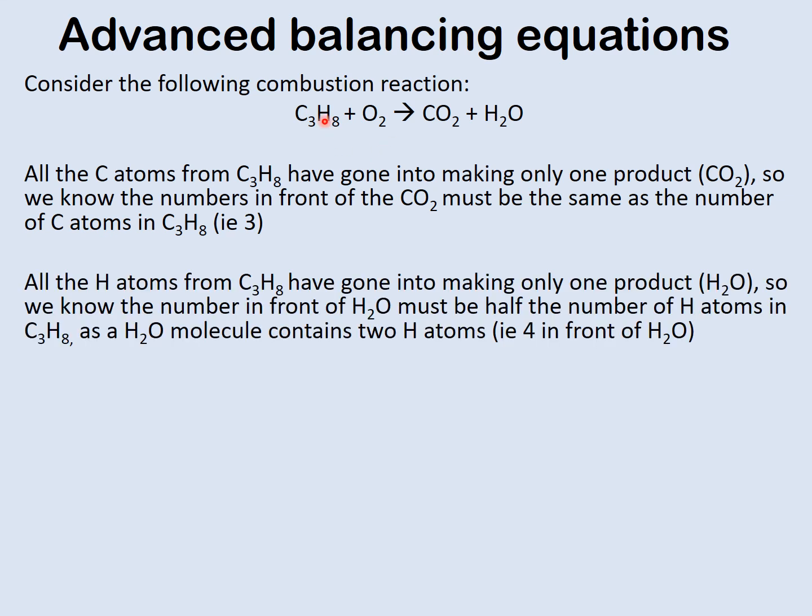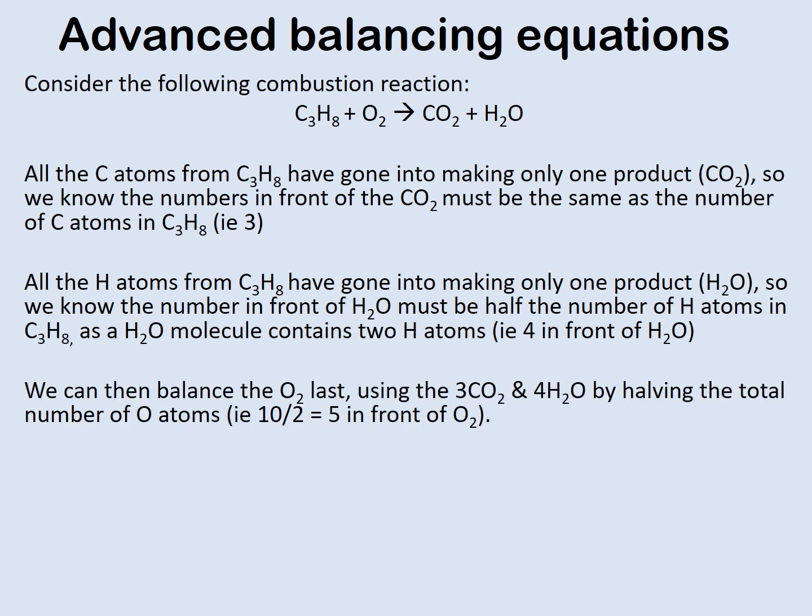Once again, the hydrogen has all gone to make water, and once again, water still does contain 2 hydrogen atoms. So whatever my number is here, I'm going to be halving it and put it in front of the water. So in this case, 8 divided by 2 is 4. And once again, I'm going to be counting up my oxygens and then halving it and putting that number in front of the O2.